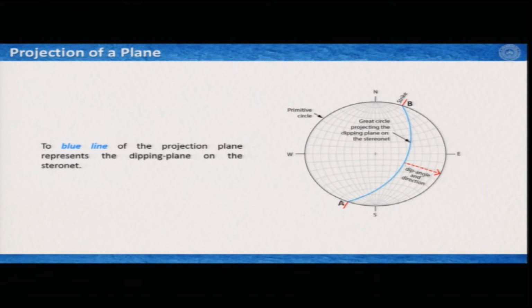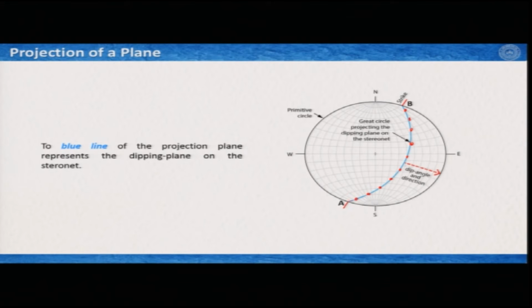So, A and B are the 2 points, and on this blue line, these are different points that we have drawn, which are the intersections between this plane at the lower hemisphere, connected to the zenith of this sphere.